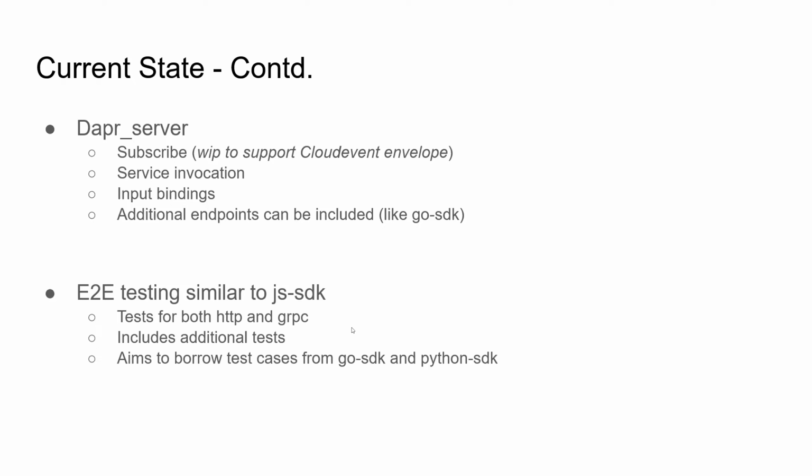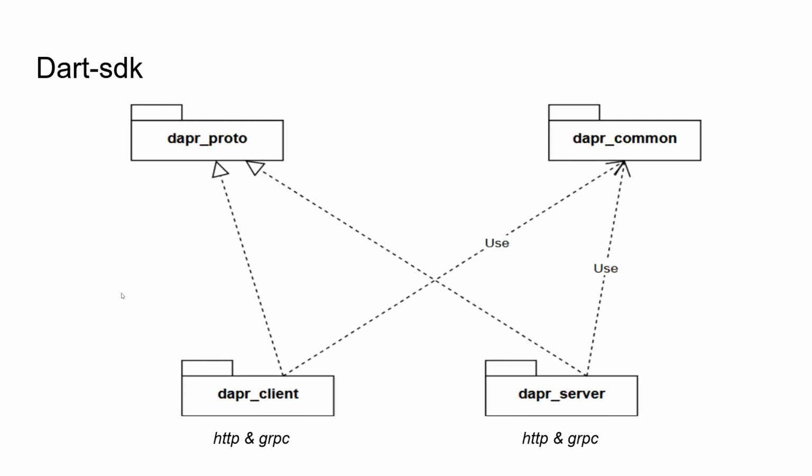The testing currently follows end-to-end testing; there is no specific unit testing right now. I've followed how the JS SDK approached it, and I've written tests for both protocols, HTTP and gRPC. I forgot to mention that both Dapr client and Dapr server enable you to communicate using both the HTTP and gRPC protocols.